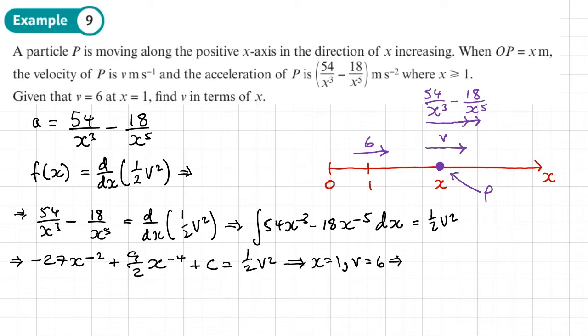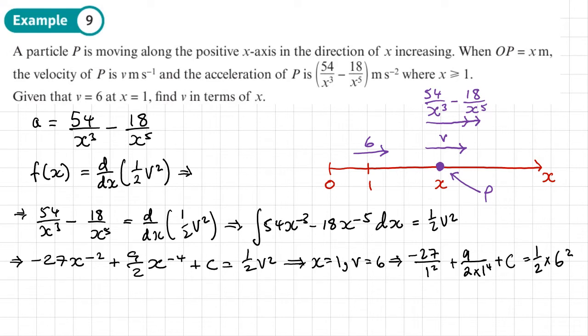So I've got negative 27 over 1 squared plus 9 over 2 times 1 to the power 4, so it's just going to be 1, plus c is equal to half times v squared.